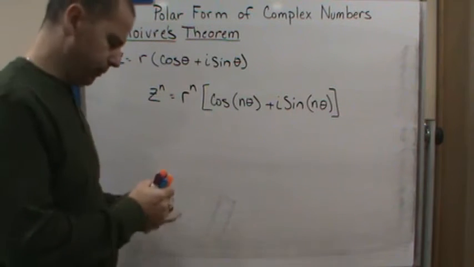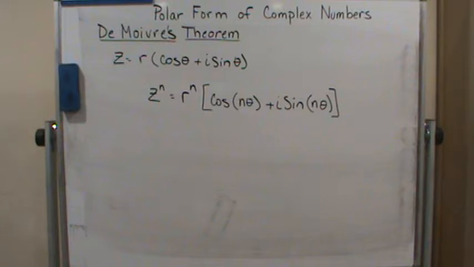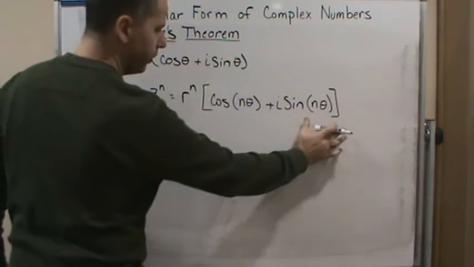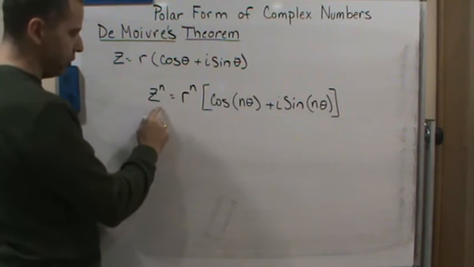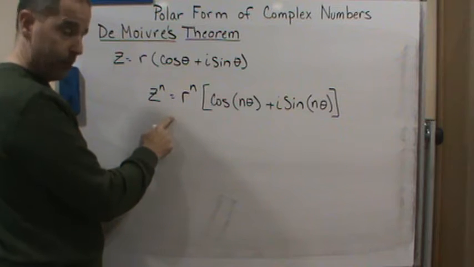So let's do an example just to refresh your memory. Let's take 1 plus i to the 5th power. Oh, by the way, this just comes from repeated use of the product rule that we went over in the previous video.